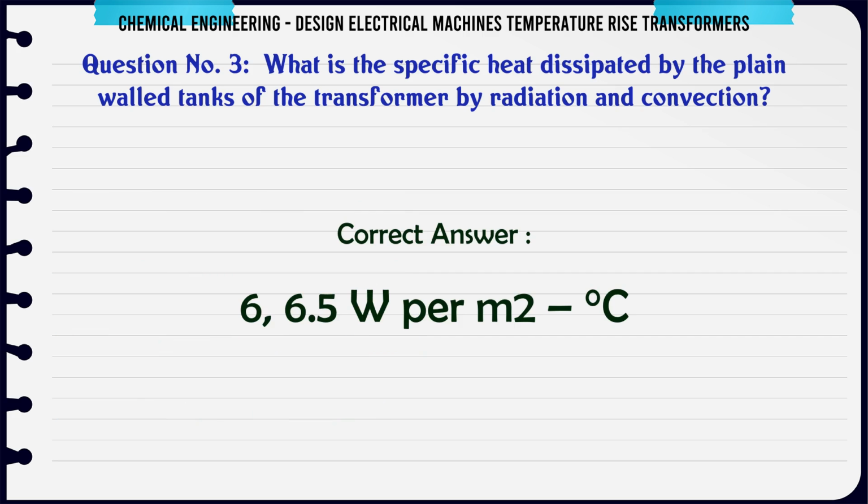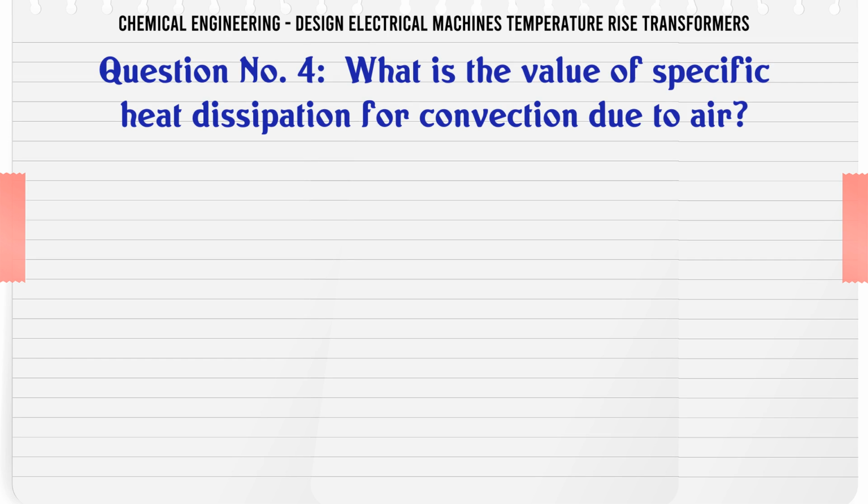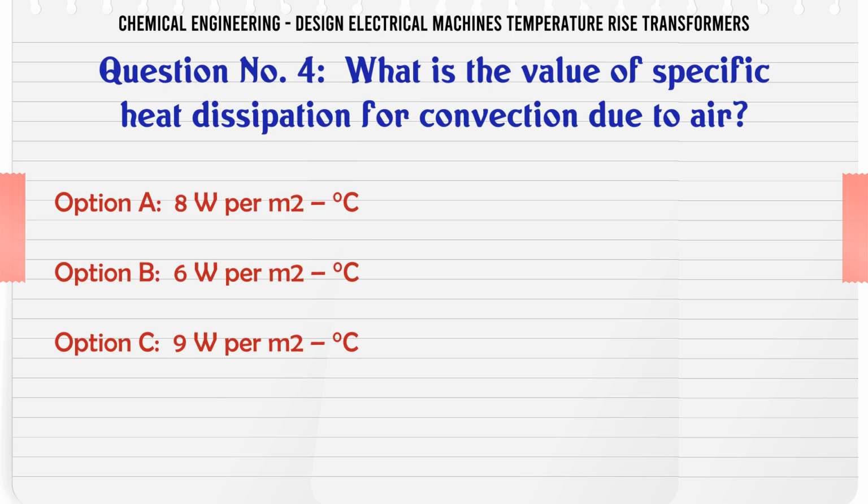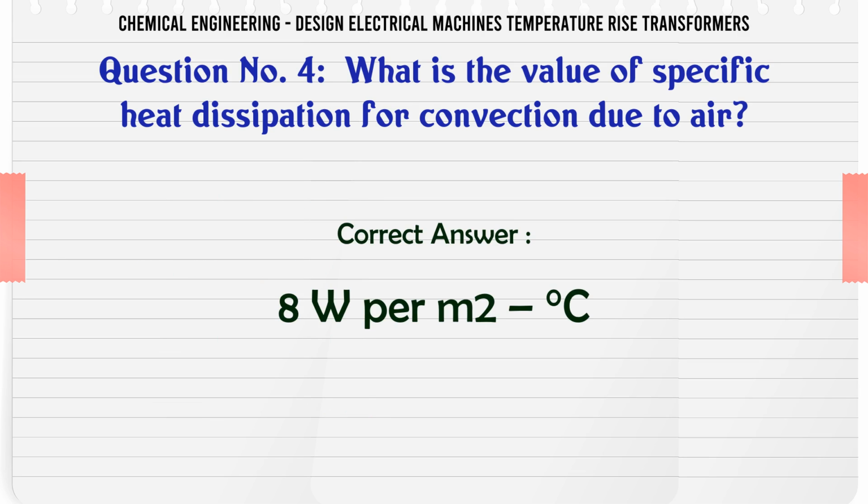The correct answer is 6.5 watts per M2C. What is the value of specific heat dissipation for convection due to air? A. 8 watts per M2C, B. 6 watts per M2C, C. 9 watts per M2C, D. 10 watts per M2C. The correct answer is 8 watts per M2C.